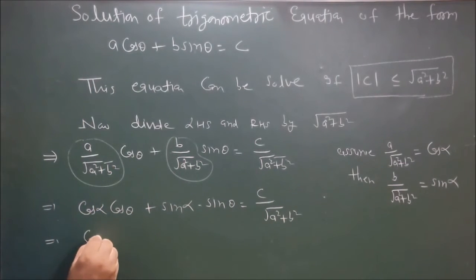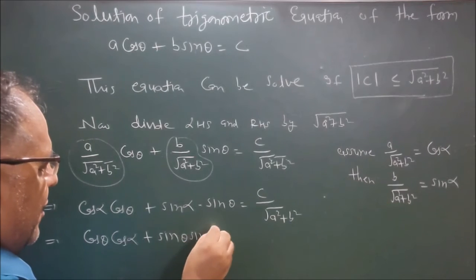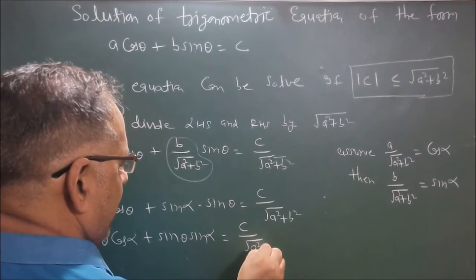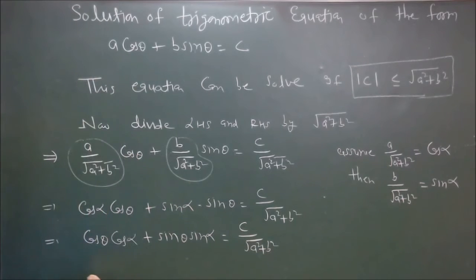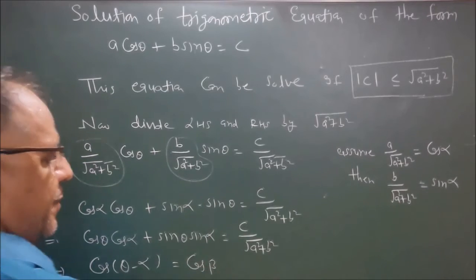Again arrange this, because theta is the unknown angle, so taken first cos theta cos alpha + sin theta sin alpha equal to c upon under root a square plus b square. Here we are observing clearly the left hand side converted into the identity of cos(theta minus alpha). So the right hand side also can be written as cos beta.